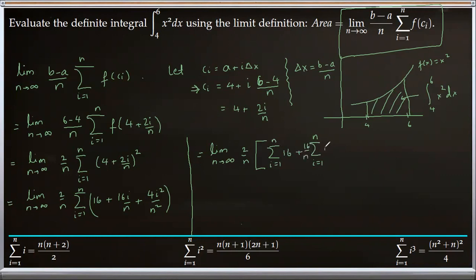So 16 by n over there, times the sum of i, plus the same thing with the last expression. So I can pull out 4 by n squared. Then we are left with the sum of i squared.